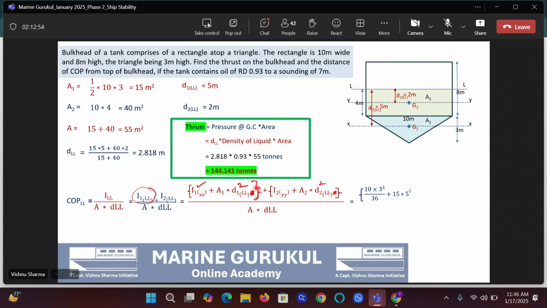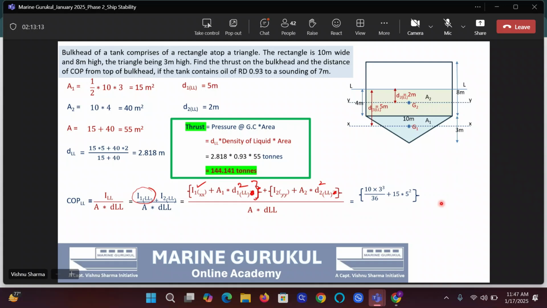D1LL is 5. So that completes everything in the first bracket. Yes or no? Correct. Samir, is it making sense? Correct. Ali, how are you placed with it? Okay. Now write the next one, guys.